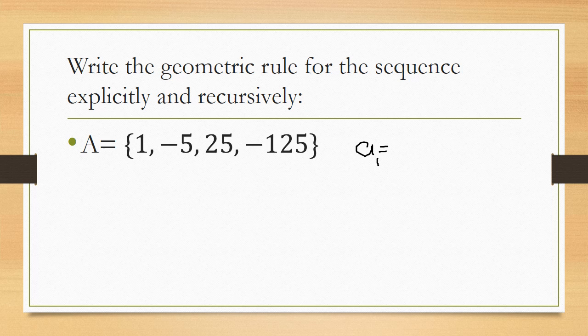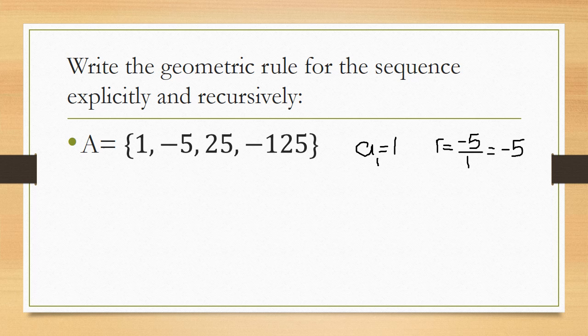The first thing is the first term, which in this sequence is 1. The second thing that we need is the common ratio, and the common ratio is always found by dividing two consecutive terms. So I have negative 5 divided by 1, which is negative 5. So the common ratio is negative 5.